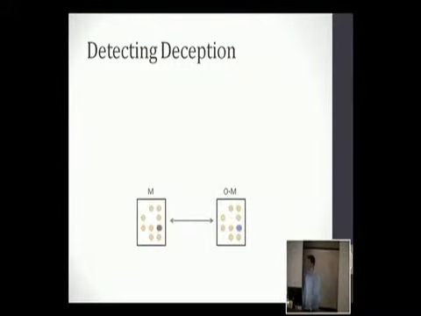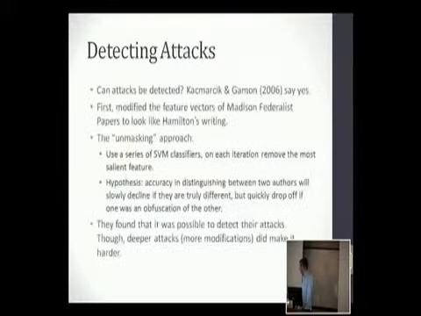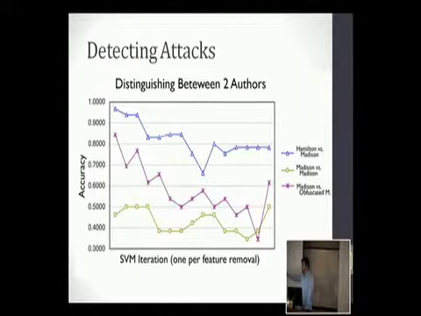So in the previous slide, for Hamilton versus Madison, as you remove the identifying features, it goes down and then it goes up. Yeah, I should clarify again. This is from their work, not mine. This is Kakmarsik's and Gammon's work, and we did apply it to some of our work, which I'll go over in a second.